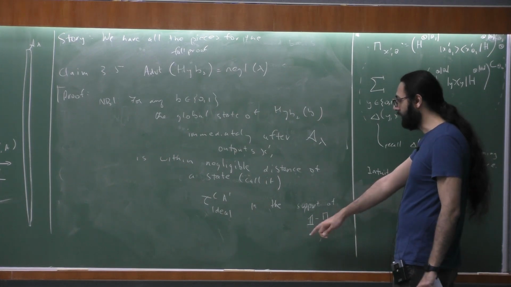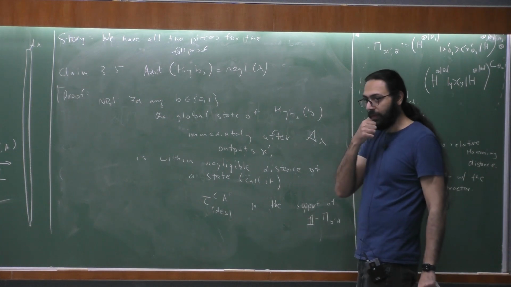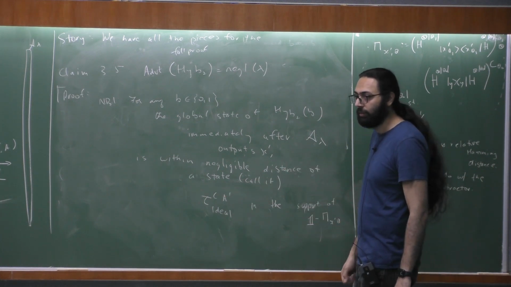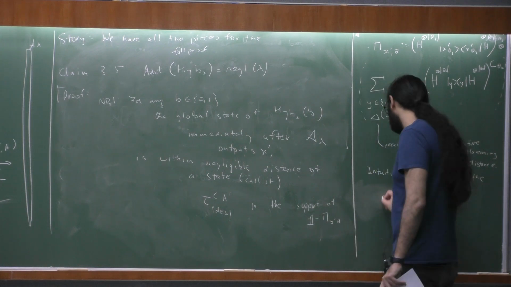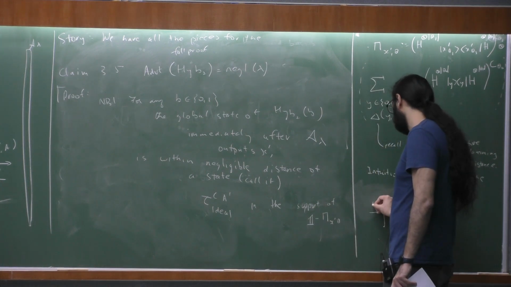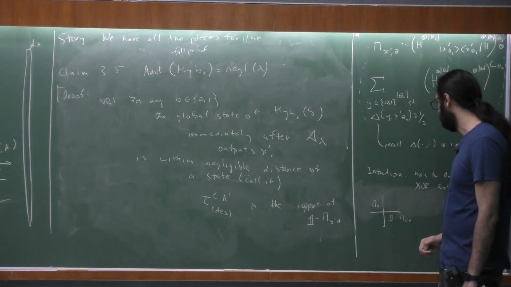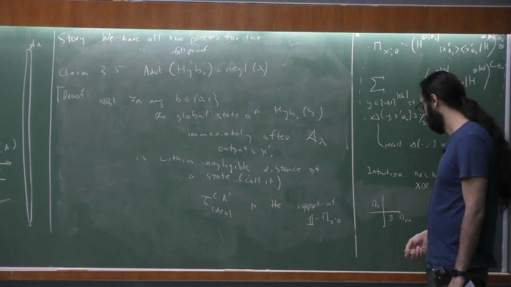It's basically in this space. So if you apply the projector on this, you'll get the same thing. There are spaces spanned by projectors, so this is pi x, this is identity minus pi x. So you're in this space, that's all.